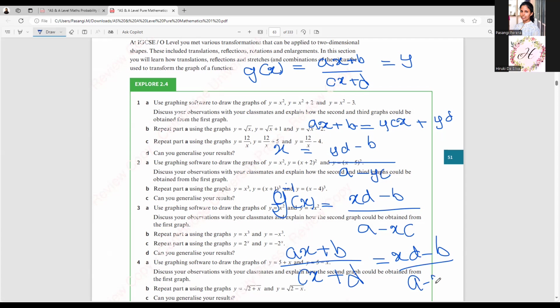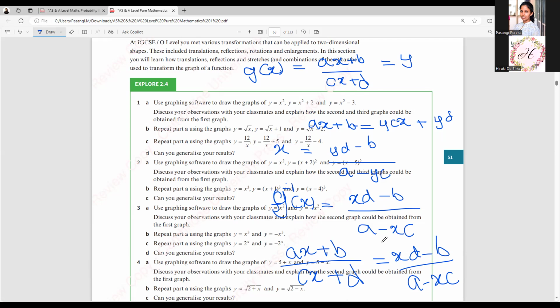Because to become a self-inverse function, f(x) and f inverse of x both should be the same. That means these two should be the same. Now what will happen? Shall we cross multiply and solve? Yes, that one also done.